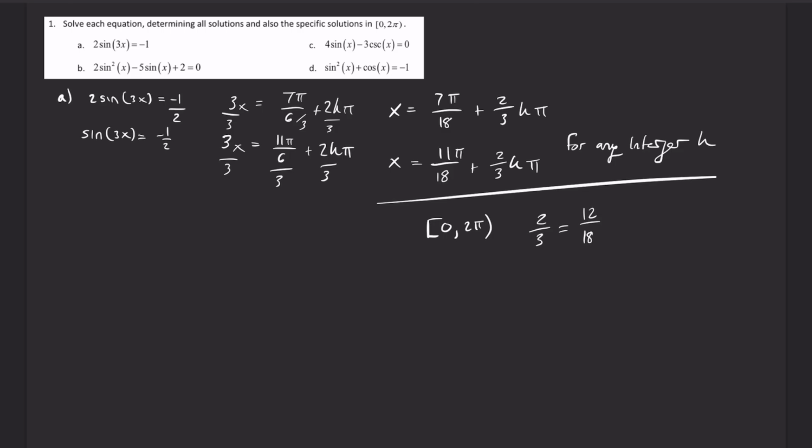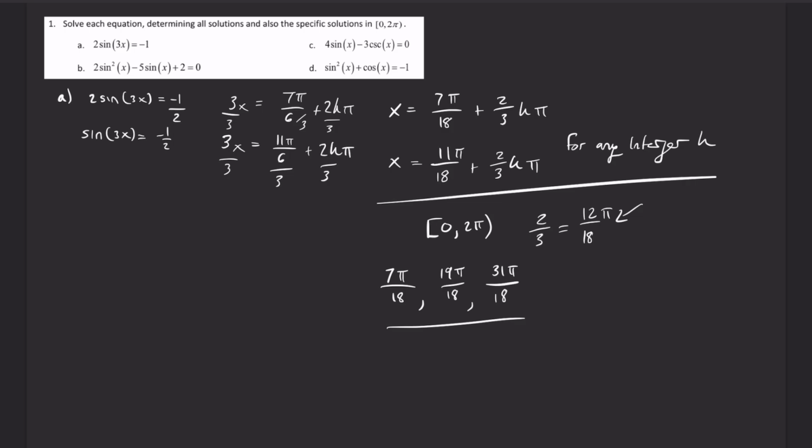So we can just add from 7/18, we add this right here, and we have 19 pi over 18, and we have 31 pi over 18, and if we add one more, we'll be over 36, which 36 is the same as 2 pi here. So these are the solutions for the first x.